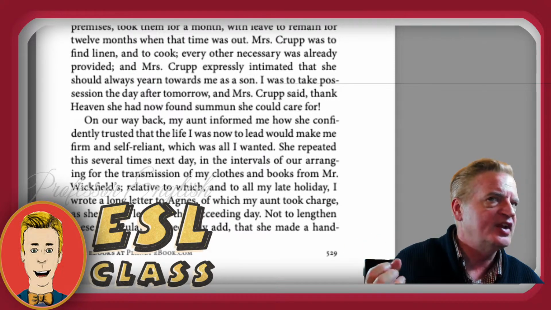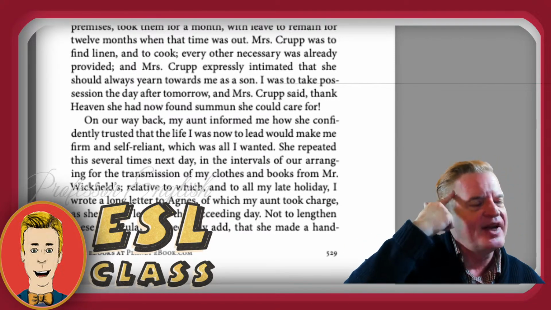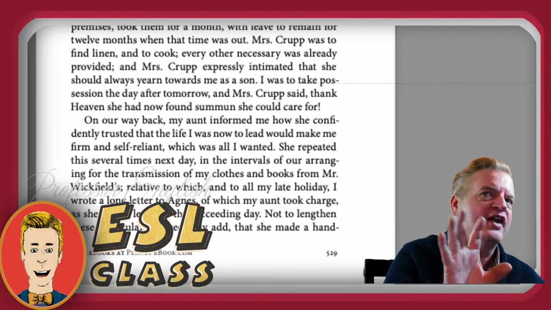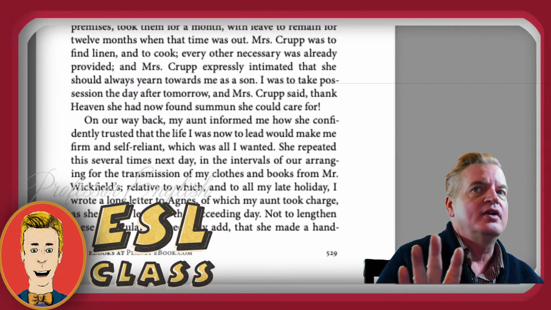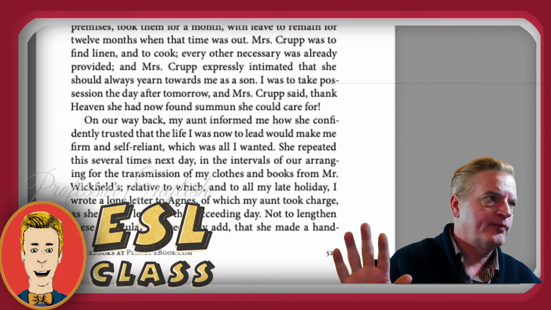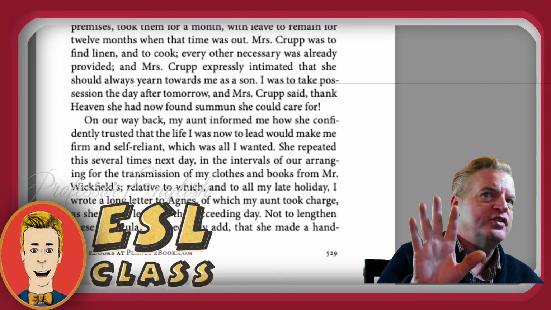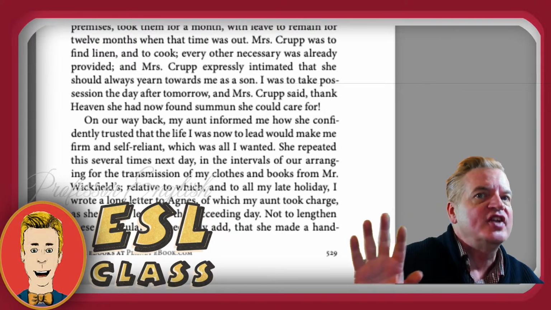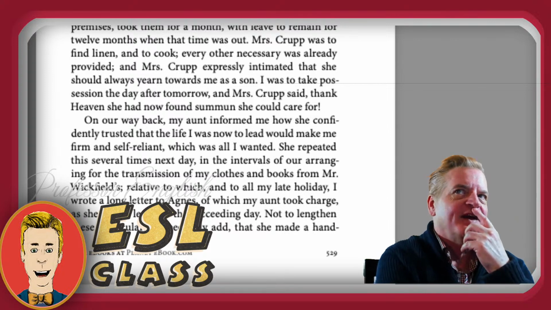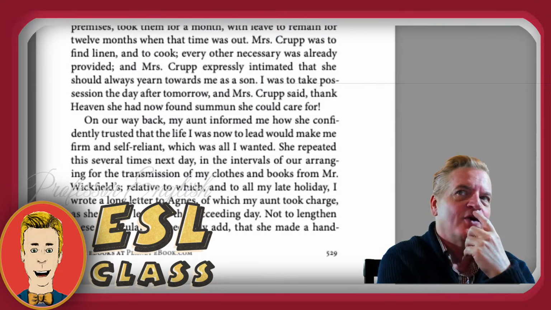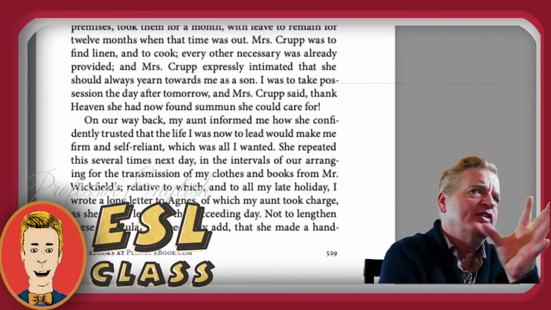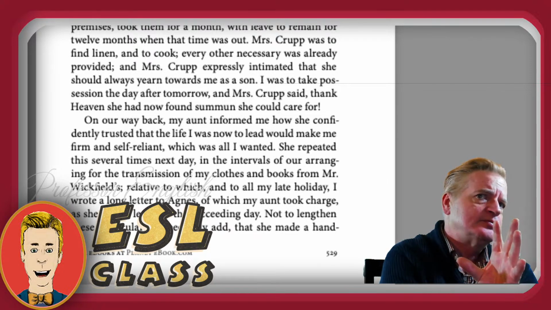At first I thought it was "necessary," until I said it in my head. Let's compare them. If I say "every other necessary was already provided," now let's do "necessary." Every other necessary was already provided. To me, if you say it like that, that sounds like if he wants little things, that's his responsibility.